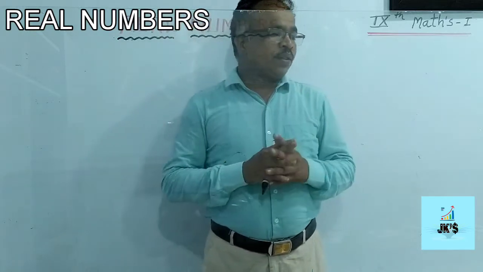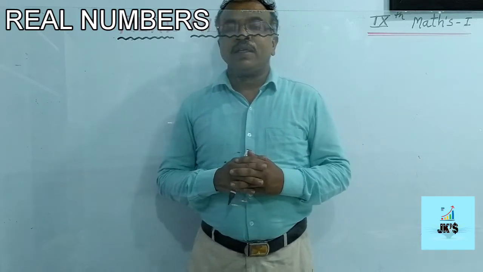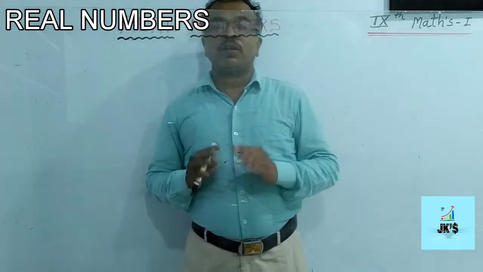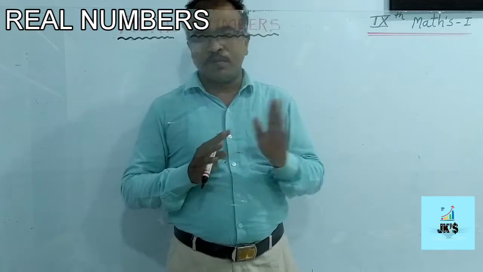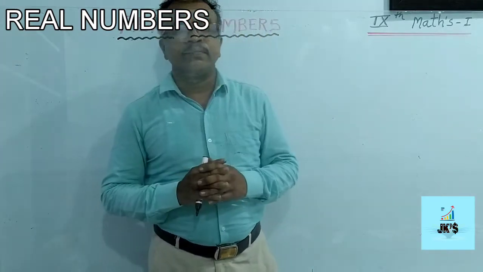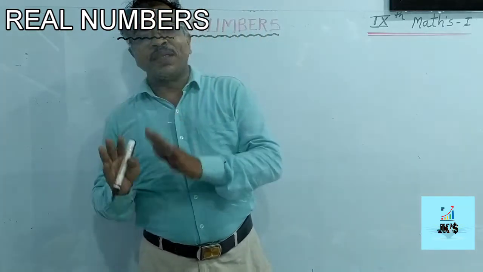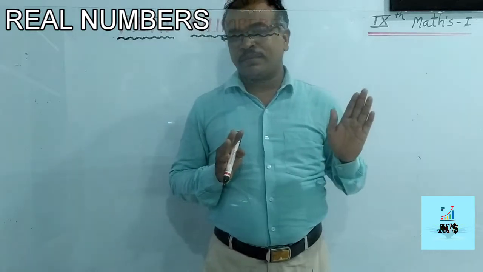These whole numbers are also inadequate when a greater number gets subtracted from a smaller number. For example, 4 minus 8. The answer is not present in the whole numbers.